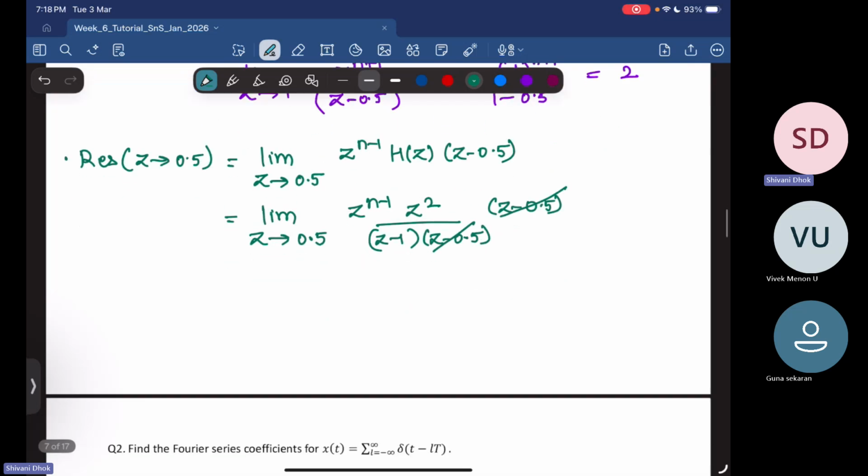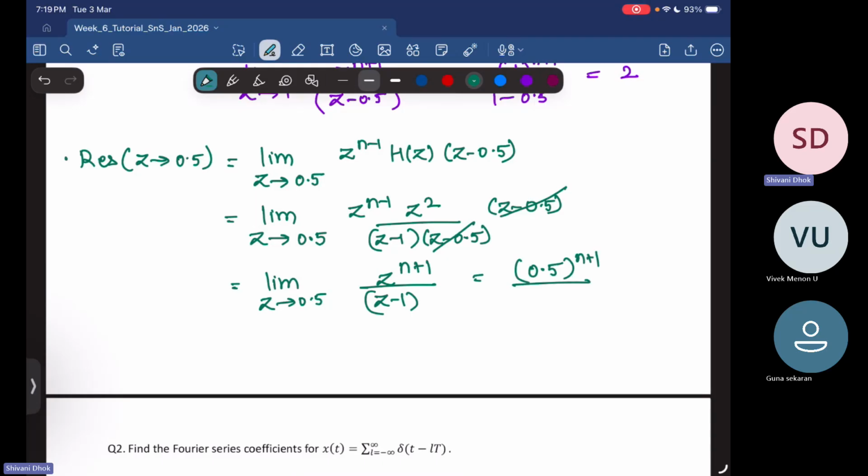This gets cancelled. So what I am left with is limit z tending to 0.5, z to the power n plus 1 upon z minus 1. This is equal to 0.5 to the power n plus 1 upon minus 0.5. So this becomes minus 0.5 to the power n.